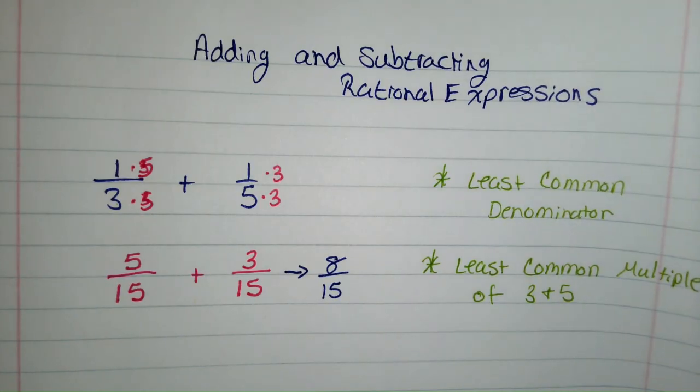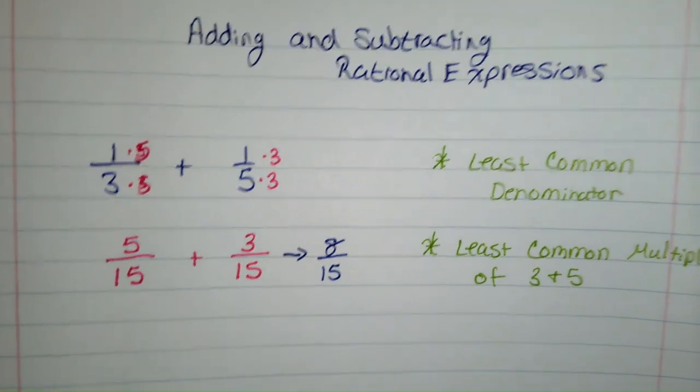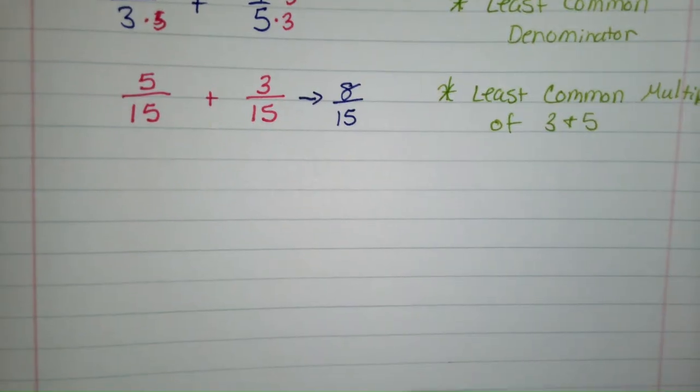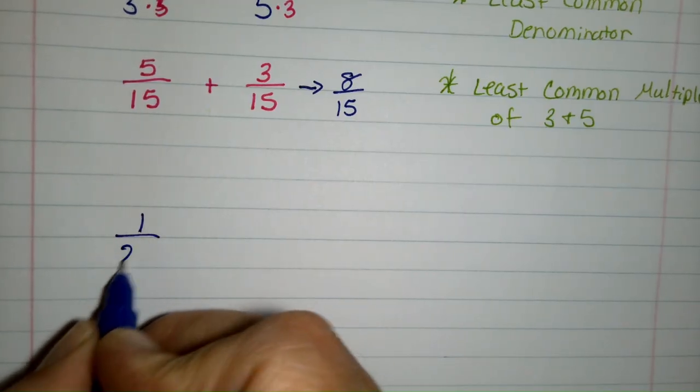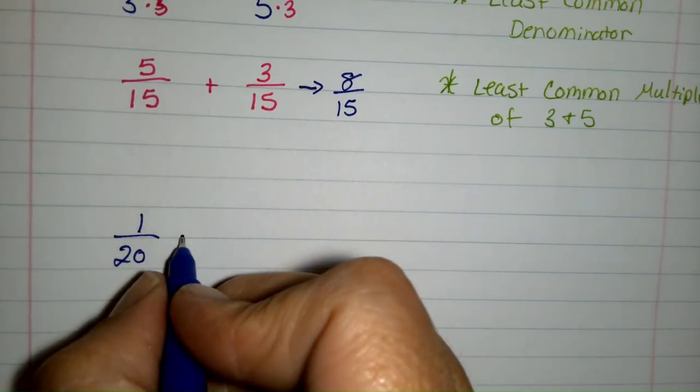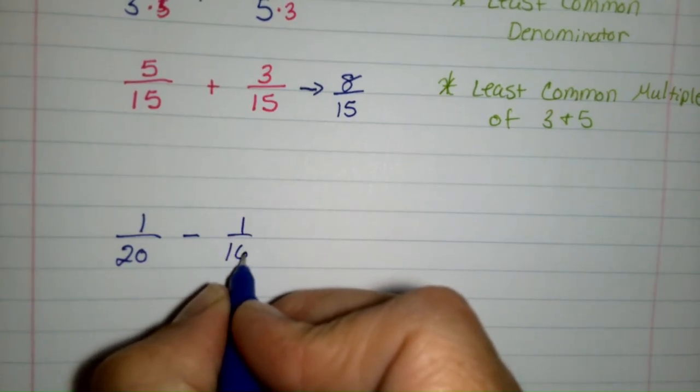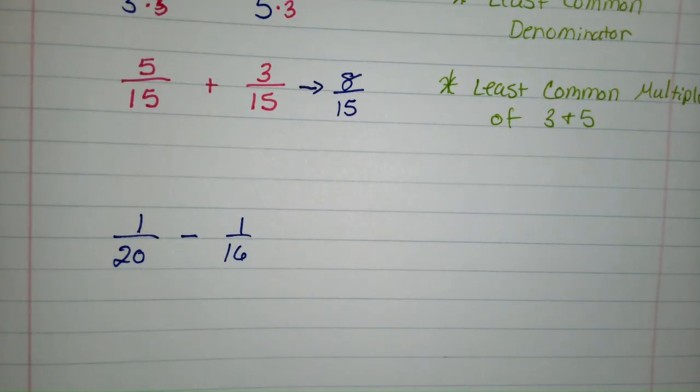Okay? So what happens if I were trying to do 1/20 minus 1/16? Now you may not be able to just multiply the first one by the second one and the second one by the first one. I mean, we can do that, but we're going to have 320 as our denominator, and then we'd have to reduce.